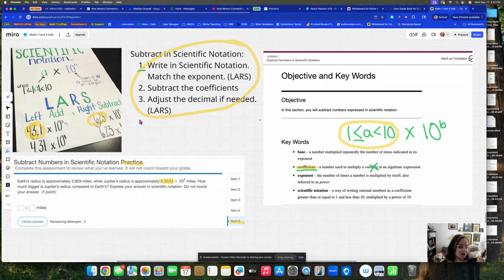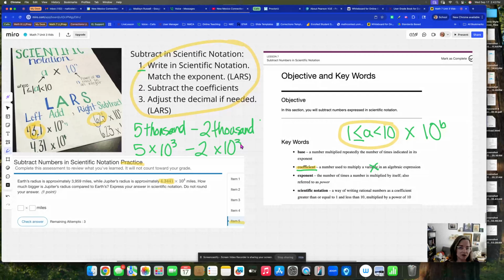And if you didn't watch the video in the previous lesson, that was because when we have the same exponent, we're subtracting the same thing, like 5,000 minus 2,000. Well, we all know that's 3,000, right? And so here you have 5 times 10 to the third power minus 2 times 10 to the third power, okay?